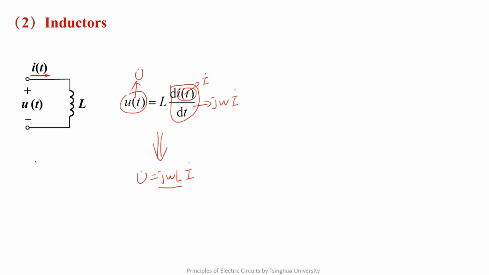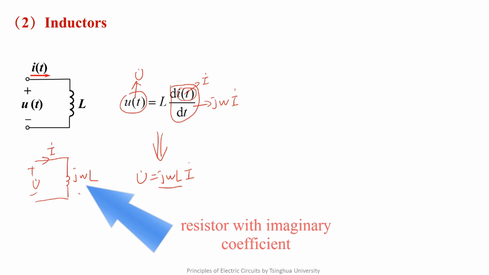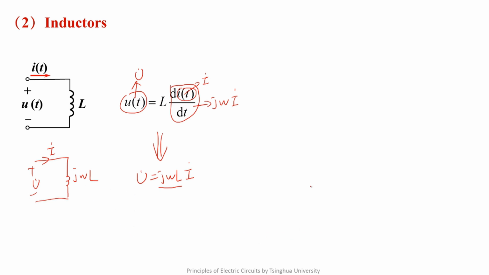According to the equation, we can draw its equivalent circuit in the phasor domain. As long as L is transformed into j omega L, the equivalent circuit satisfies the equation phasor U equals j omega times phasor I. In other words, the inductor can be regarded as a resistor with imaginary coefficient.